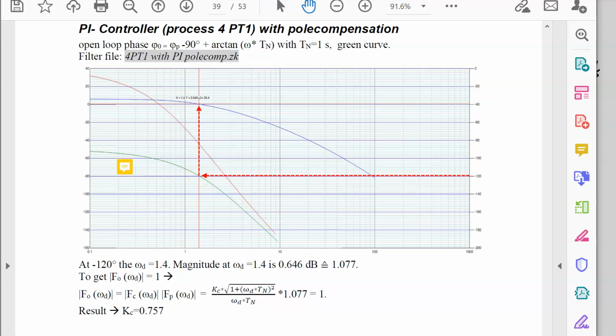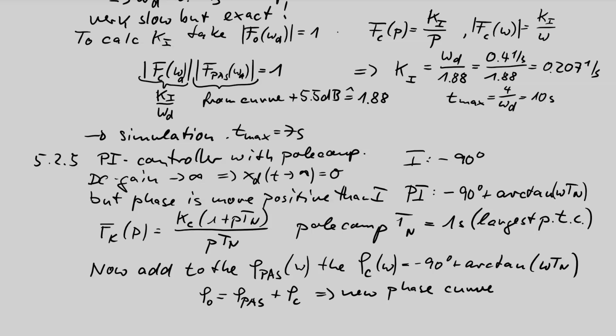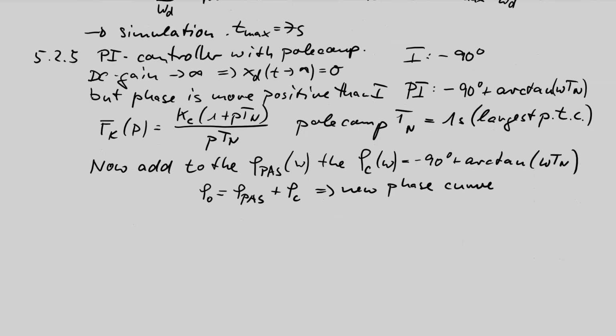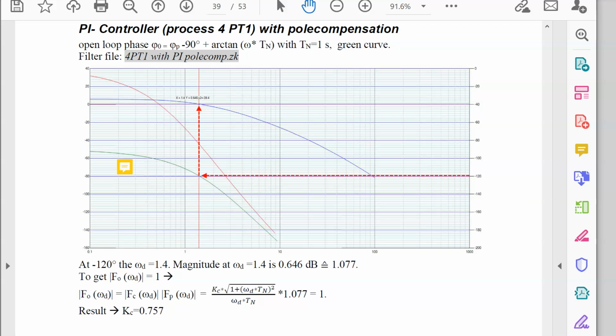That means we have now a new result. We have to write down on page, what is the page number? The page number is 39.